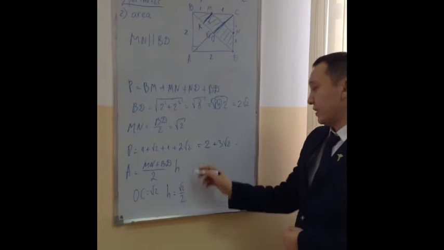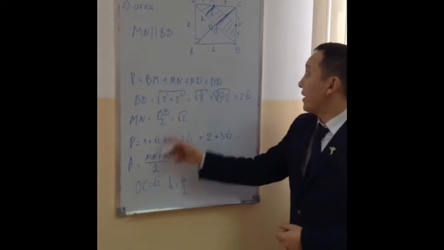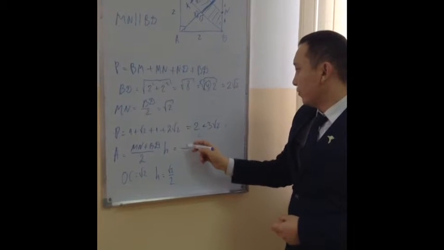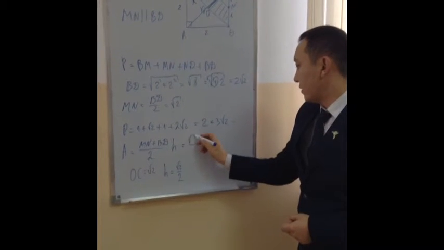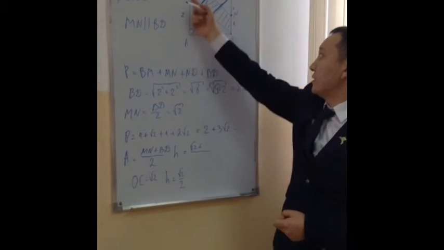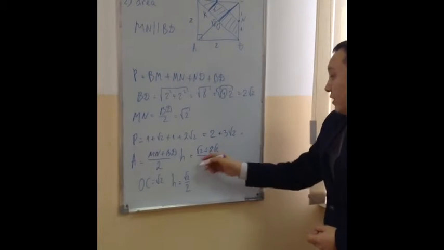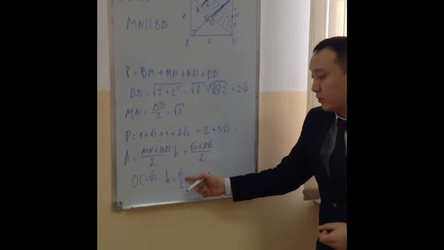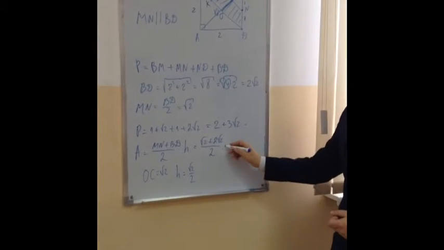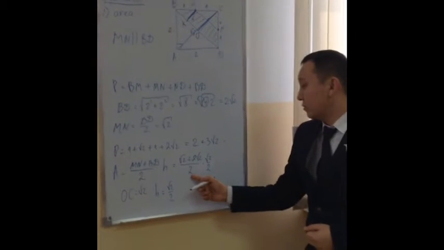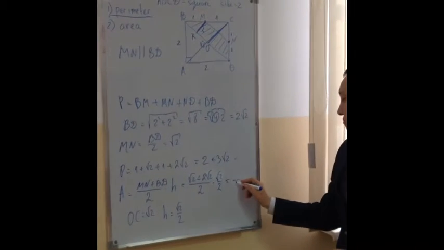After finding all of this, let's put them in. MN, this side we already found, was equal to root of 2. Plus BD, this one we already found, 2 root of 2. Divided by 2, and instead of the height, I will put square root of 2 over 2. So let's compute the denominator: 2 times 2 is 4.